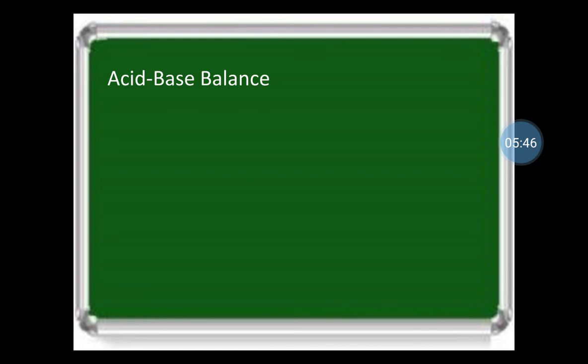Now the acid base balance. Your blood needs a right balance of acidic and base compounds to function properly. This is called the acid base balance. Your kidney and the lung work to maintain the acid base balance. Now we are learning only about the kidney and the acid base balance by the kidney.